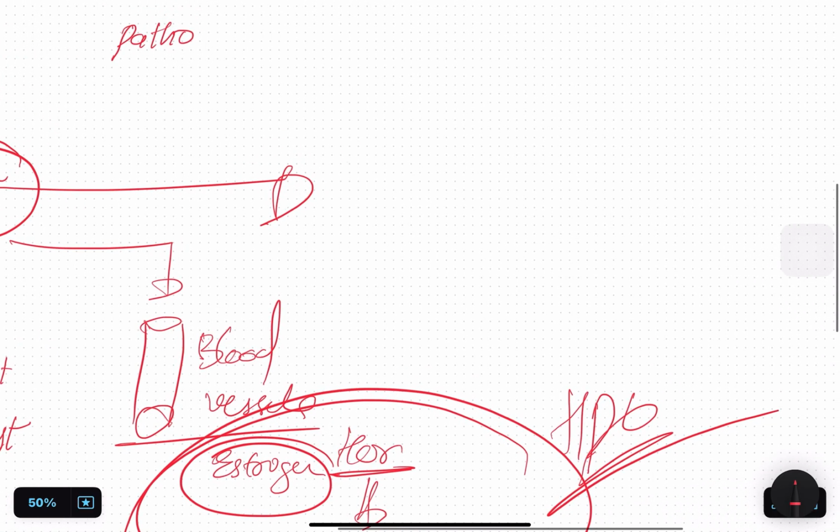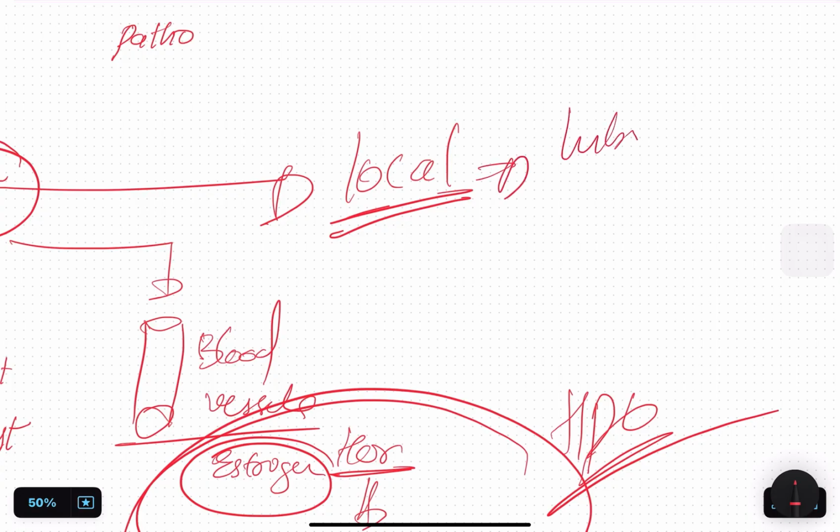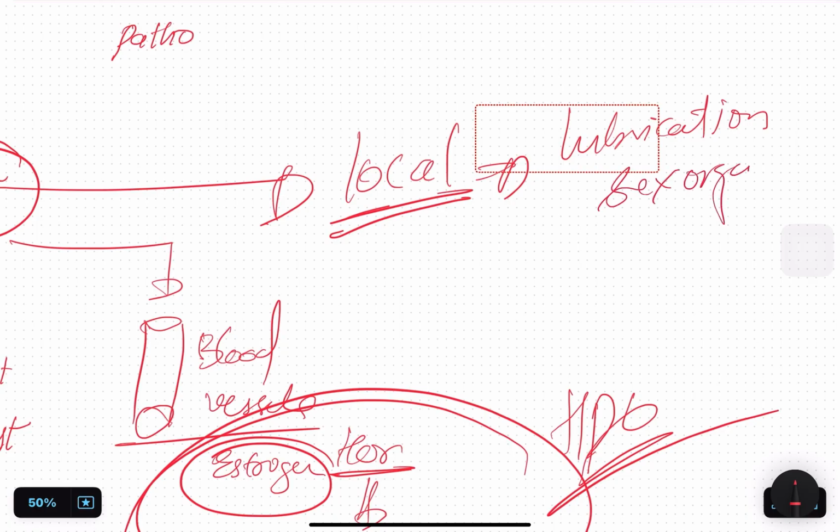Now the local effects. Why do you think estrogen is necessary? Estrogen maintains the lubrication of all your sex organs. I know specific glands like Bartholin's glands release secretions, but even estrogen is required for maintaining normal function.